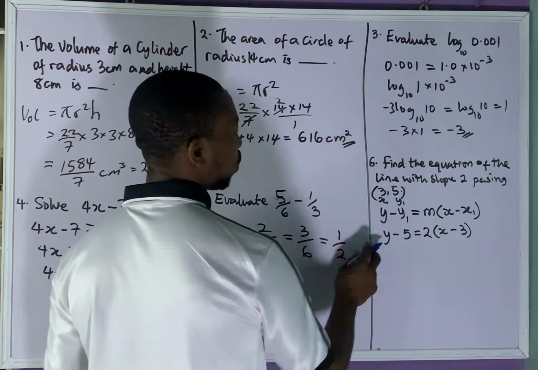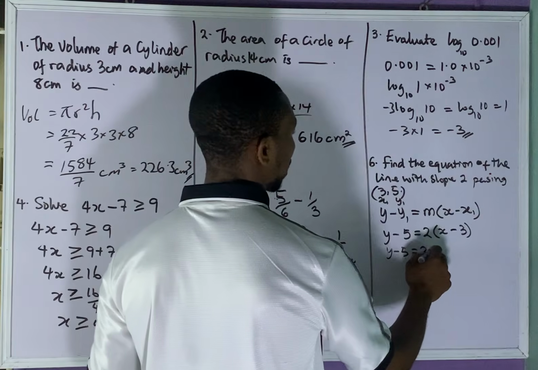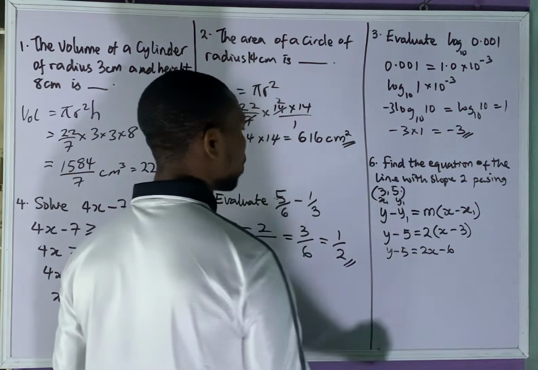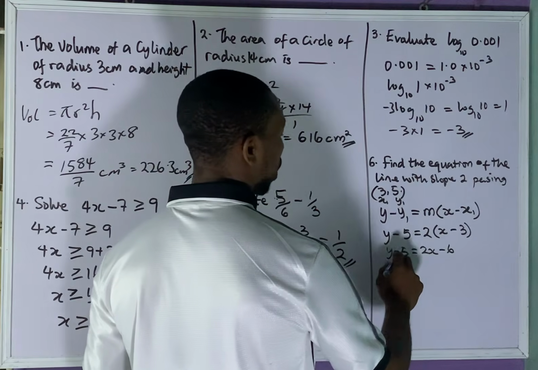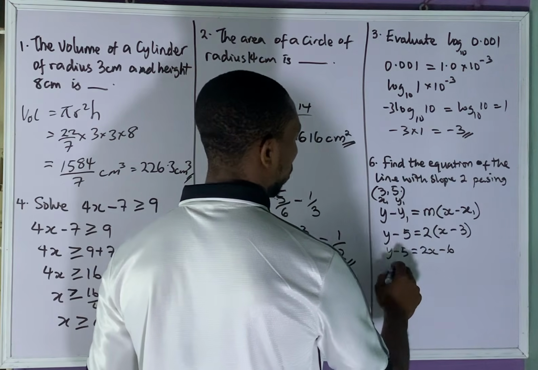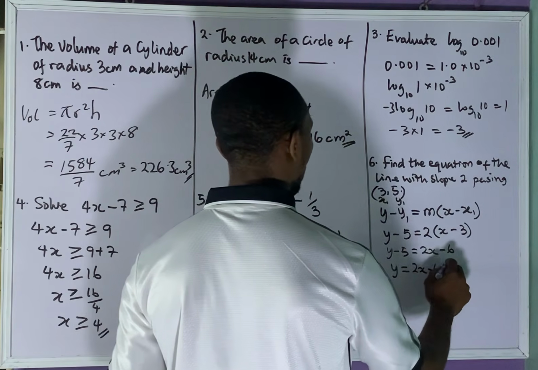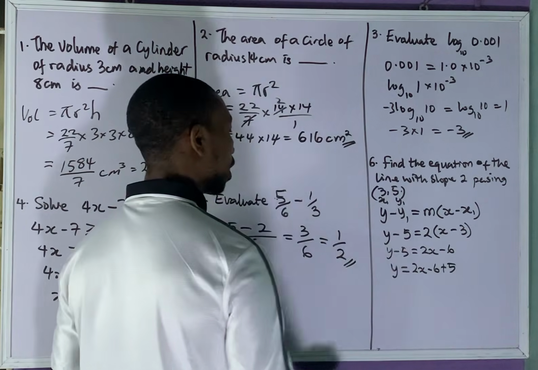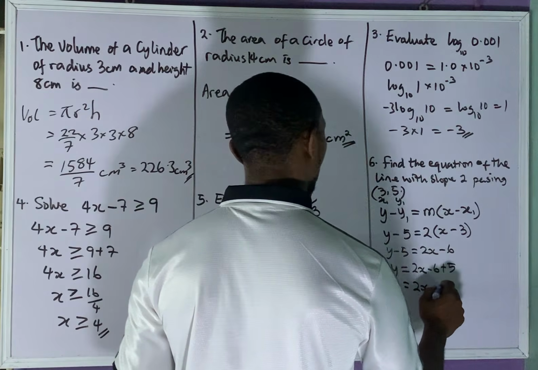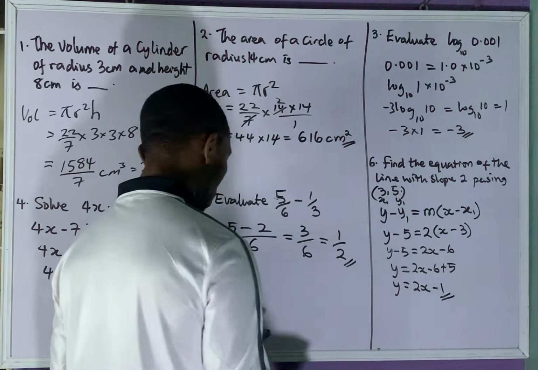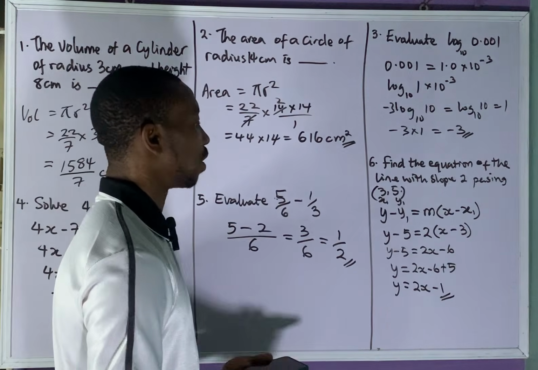Here we'll open up as y minus 5 equals 2x minus 6. Making y the subject of the formula, y equals 2x minus 6 plus 5. So y equals 2x minus 1. This forms the equation of the line.